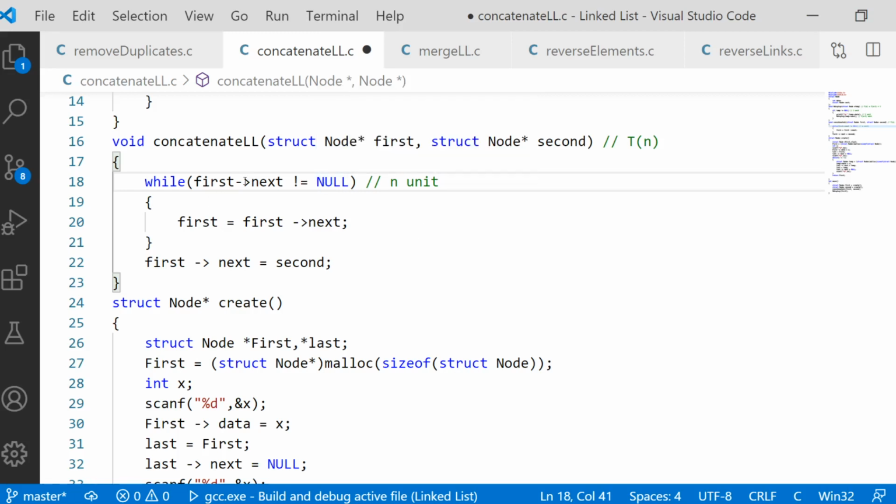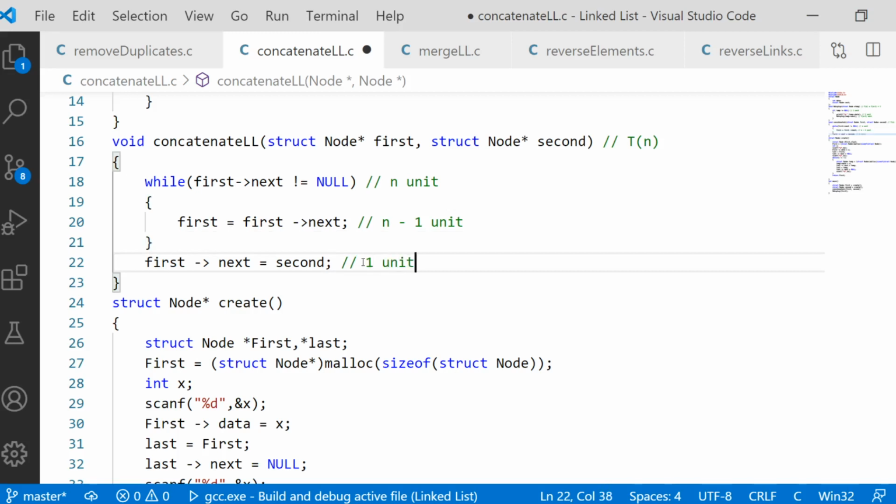One time first of next equals null is a false condition and it will not enter inside. So n minus 1 unit time will be taken for this. Coming out, this will happen for 1 unit time.